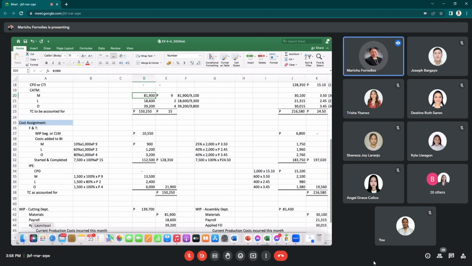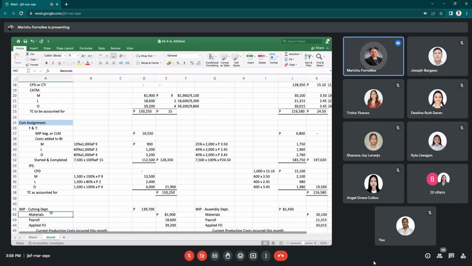So credit materials 81,900, credit payroll for the labor cost added in cutting 18,600. Then credit applied factory overhead for 39,200.